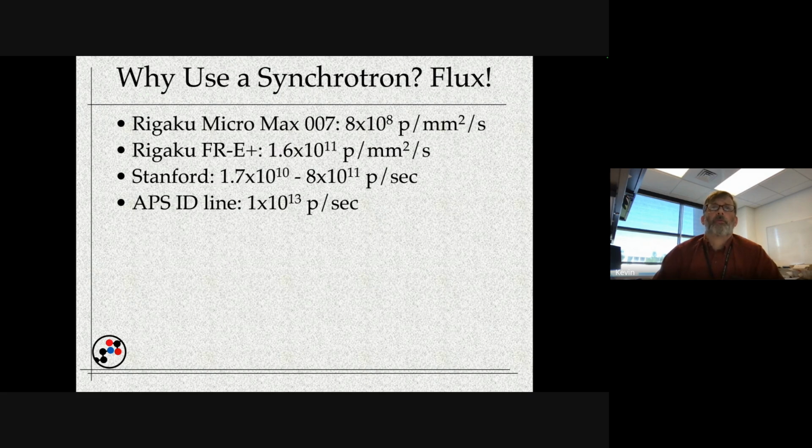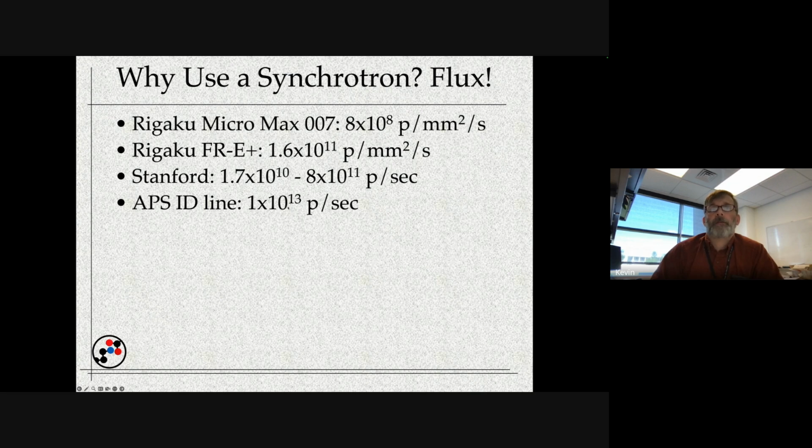And so, really, one of the primary reasons is just X-ray flux. So if you looked at a couple of different home generators, you could get in the neighborhood of like 10 to the 8th or 10 to the 11th photons per square millimeter. Stanford will get you in the low to mid 10 to the 11ths.